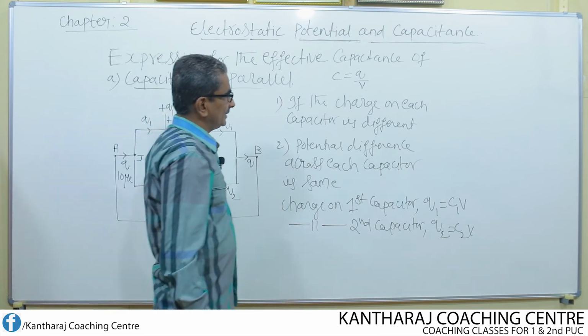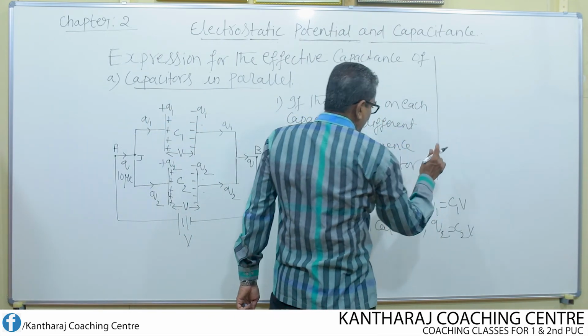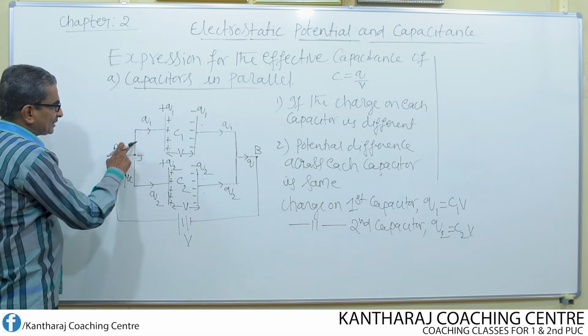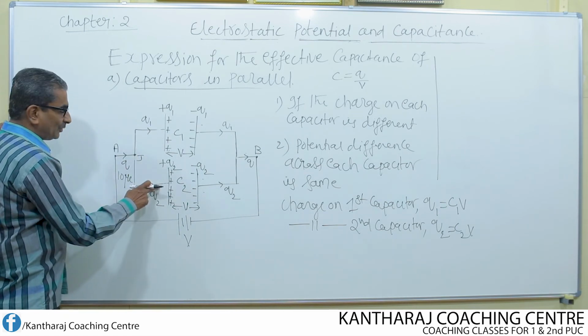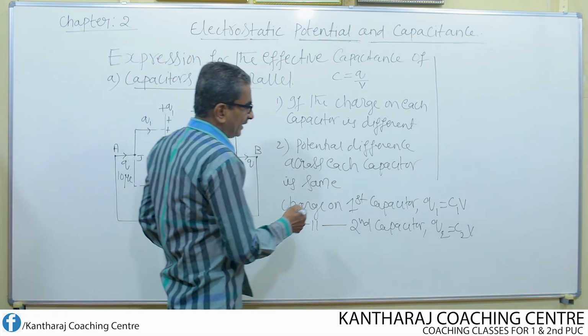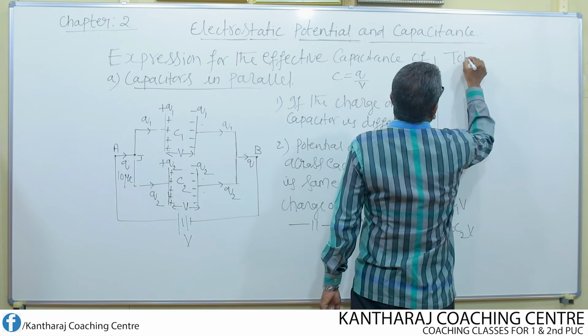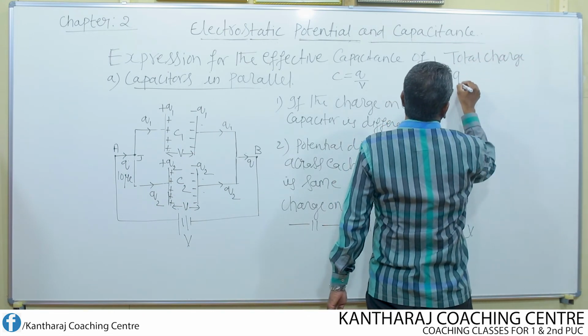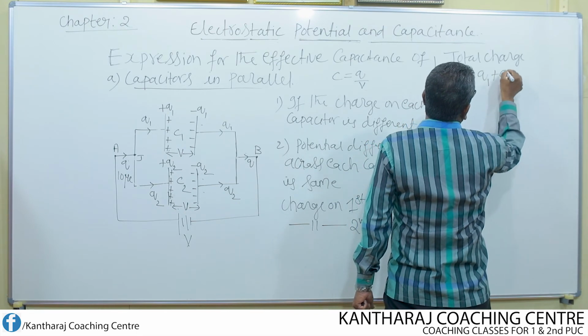Now, what is the total charge? The total charge is Q, which got divided into Q1 and Q2. So, Q split into Q1 and Q2. So, I write like this. Total charge Q is equal to Q1 plus Q2.